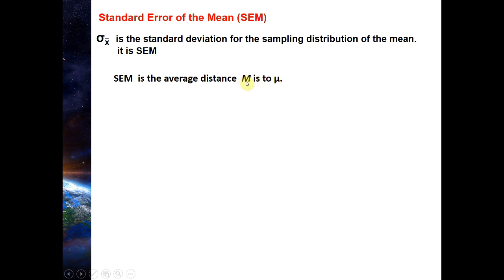So I'm just going to say x bar. So SEM is the average distance x bar is to mu after you have exhaustively sampled, right? If you've got this, that means you've exhaustively sampled and you're calculating the standard deviation of all your x bars, all right?